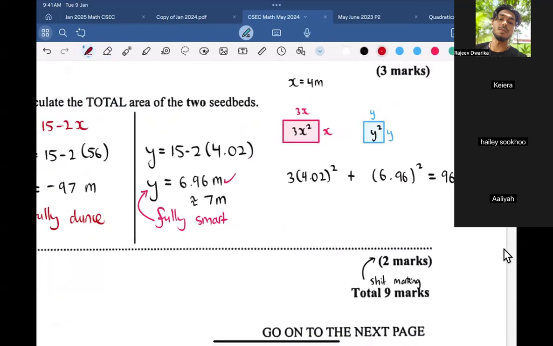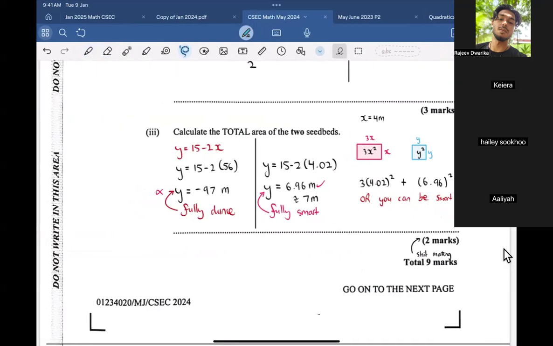Or you can be smart. I think that's why it's 2 marks. Yeah. I really overthought things.